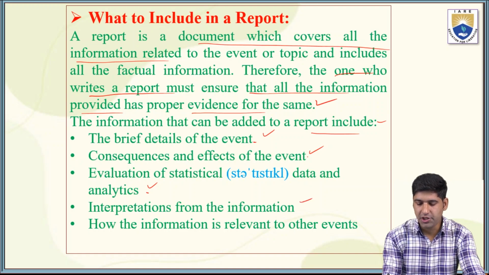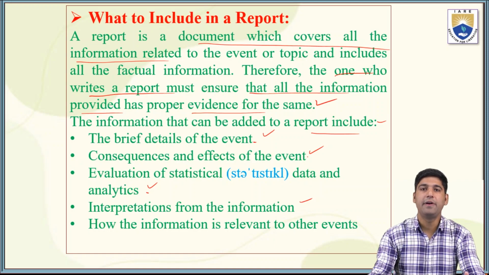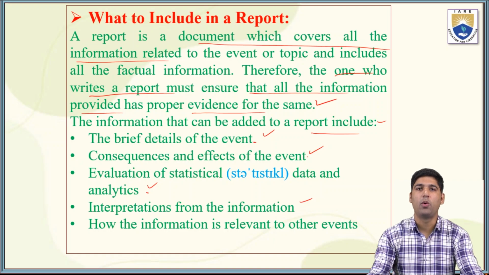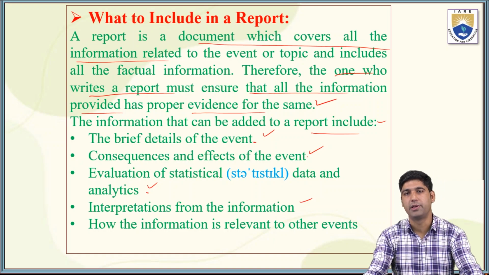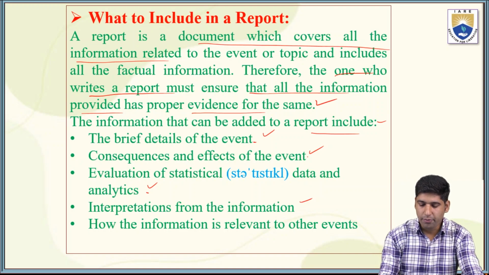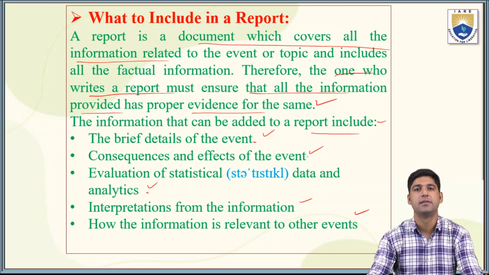Interpretations from the information. One should give interpretations from the information. Whatever information you are providing, you should explain that information and narrate it to the people, including how the information is relevant to other events.